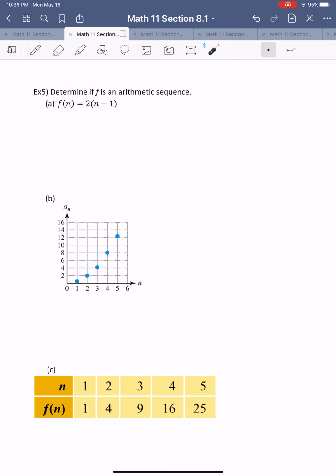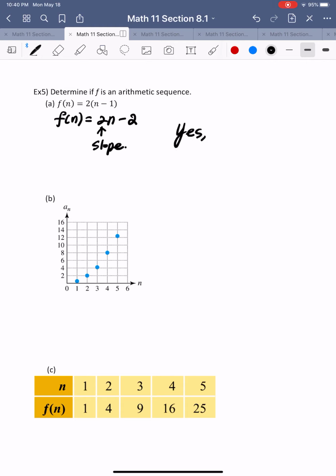So example 5, determine if the function is an arithmetic sequence, okay? So this is actually f of n, the same as 2n minus 2. So yeah, increasing by 2, right? Don't you see it's a slope? If the sequence comes out as a linear equation, then yes, it is an arithmetic sequence, okay?